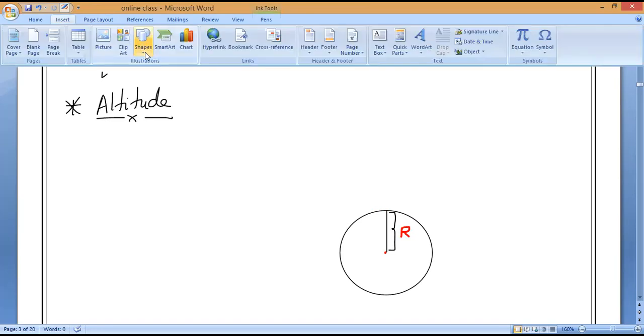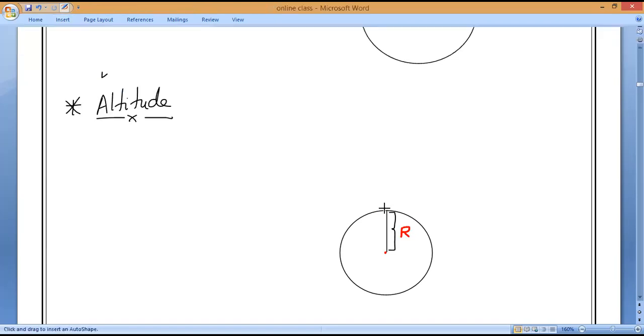Now at the surface, what is the G value? What is the G value at the surface? 9.8. As we know, let me take this is the G value at the earth surface, which is equal to 9.8 meter per second square.